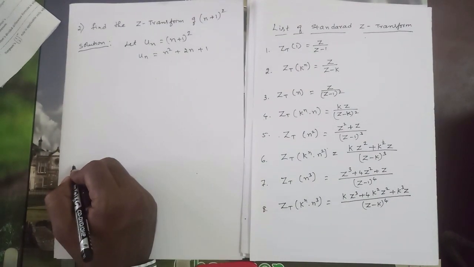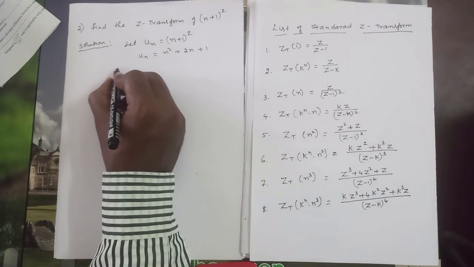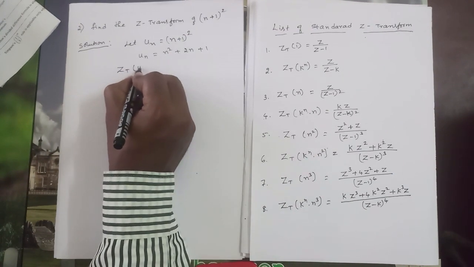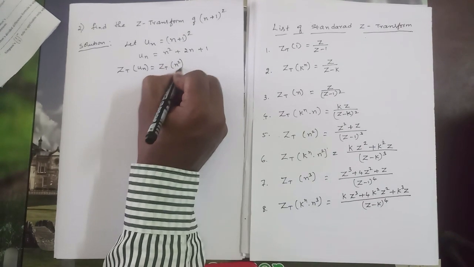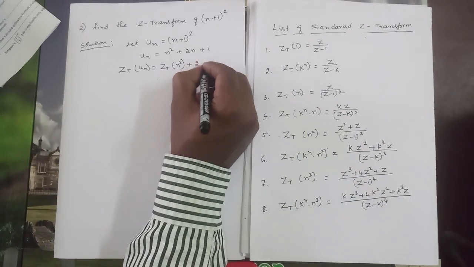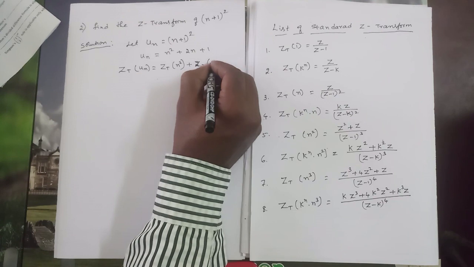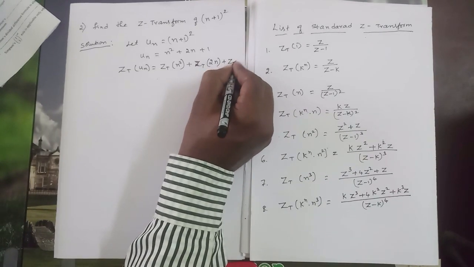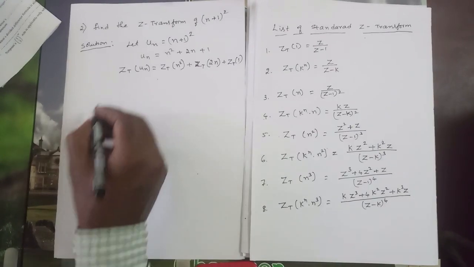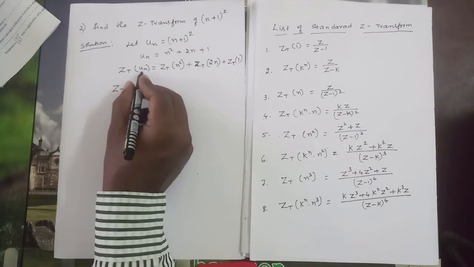So now apply the z transform. Z transform of u of n equals z transform of n square plus 2 times z transform of n plus z transform of 1.